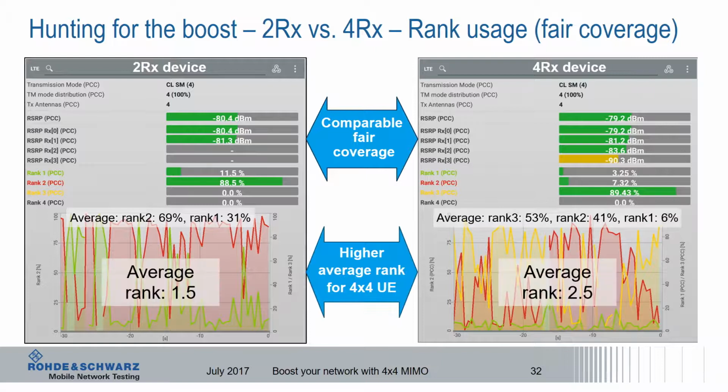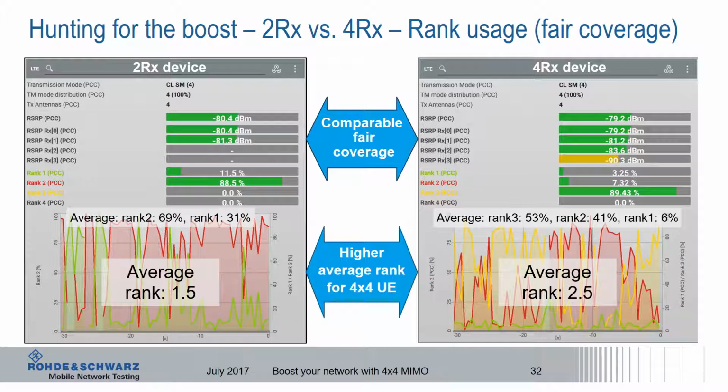If we do a little statistic of the job which was done here, we've got an average of 69% rank 2 and 31% rank 1 for the 2 RX device, which comes to an average rank of 1.5.